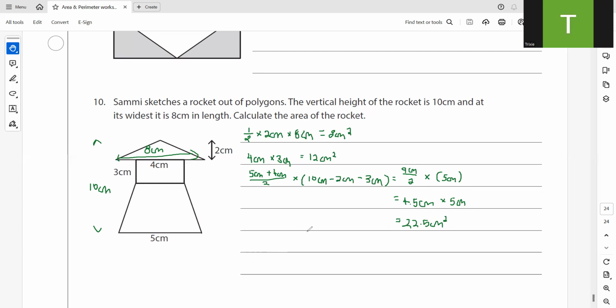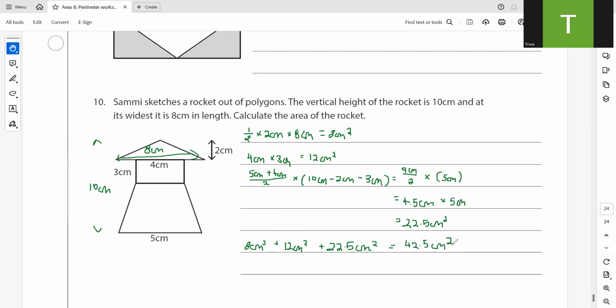Then to find the total area of the rocket, we need to add up the areas of all the polygons, which is 8 cm squared, plus 12 cm squared from the rectangle, and then 22.5 cm squared from the trapezium. Add up these three numbers, we'll get 42.5 cm squared.